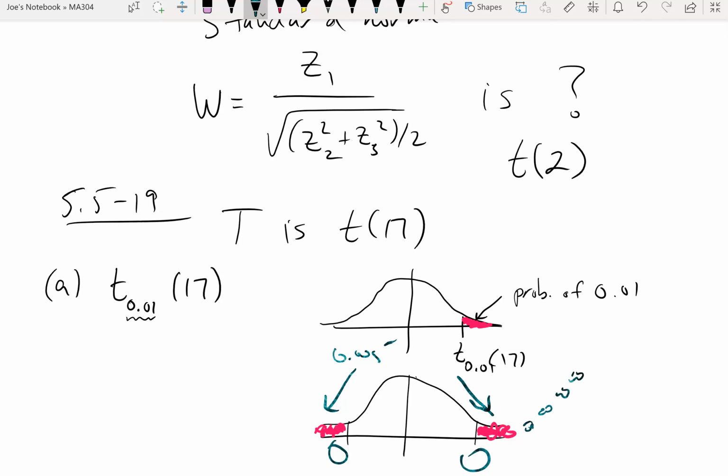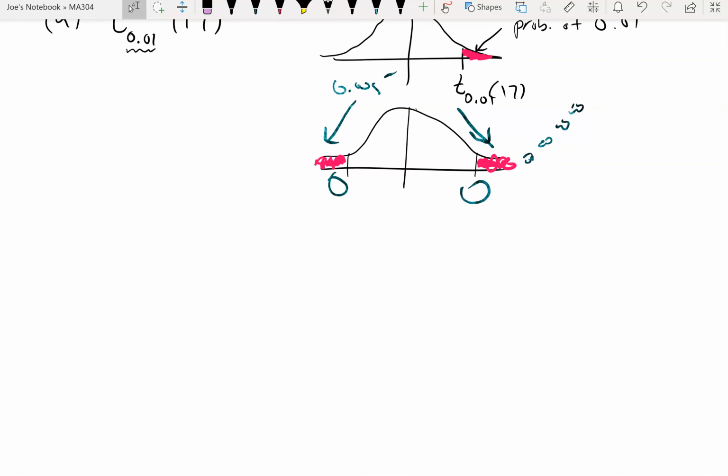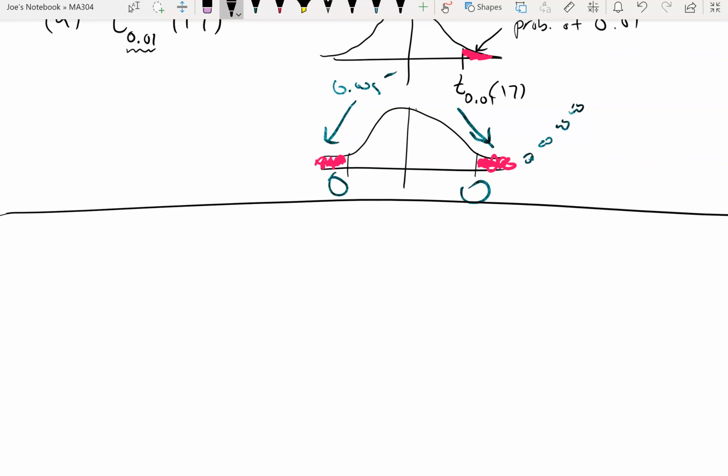All right. One more quick little thing I want to talk about, and that is section 5.7. I'm not going to talk a lot about 5.7. 5.7 is approximations for discrete distributions.